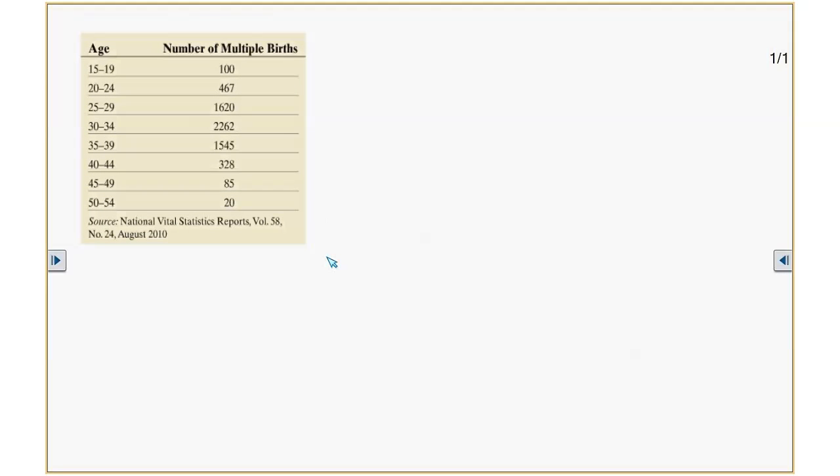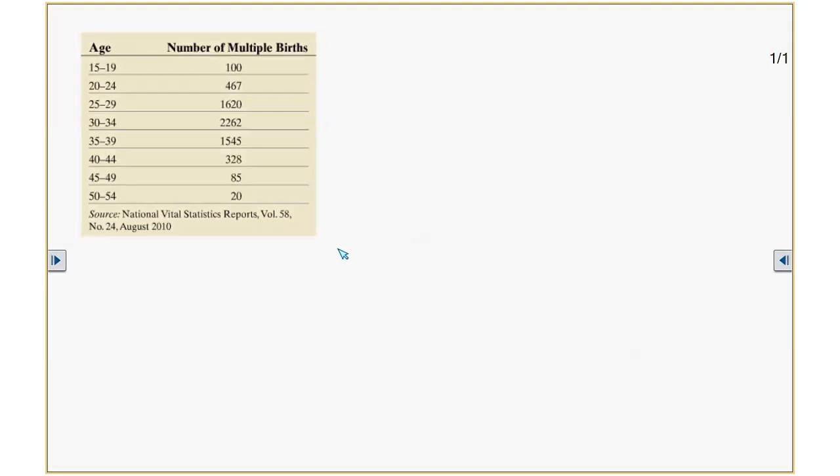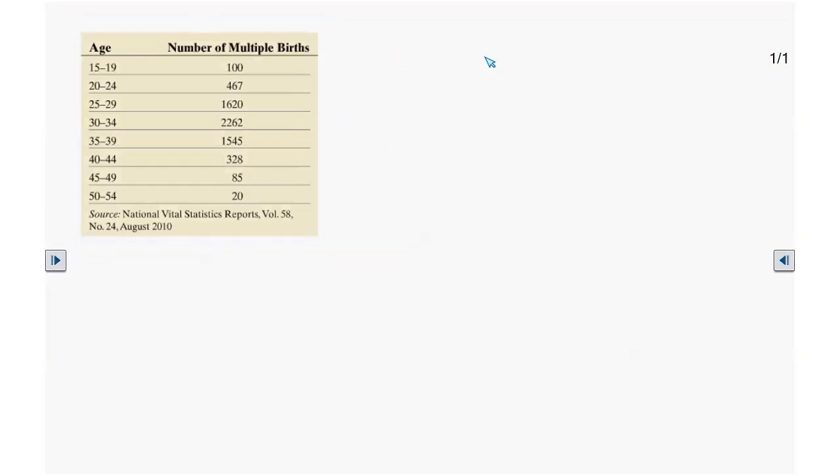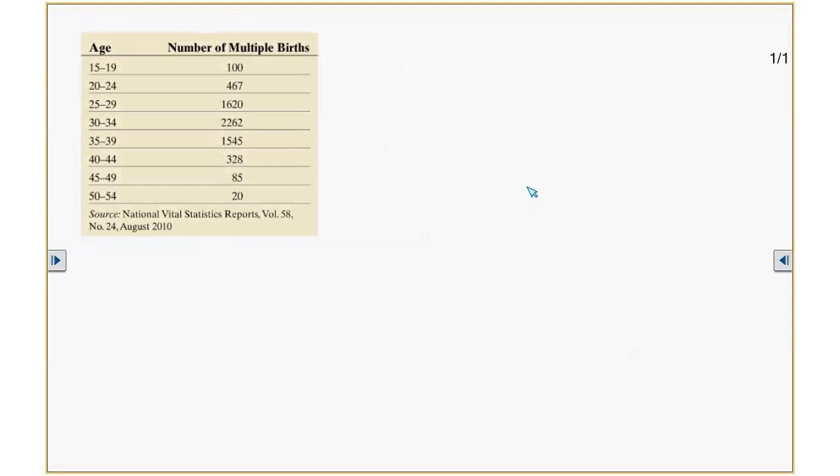Now, I want you to find everything that you can find pertaining to the frequency distribution on the board. That means class width, upper class limits, lower class limits, midpoints.